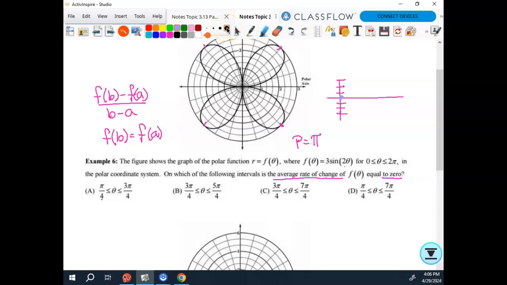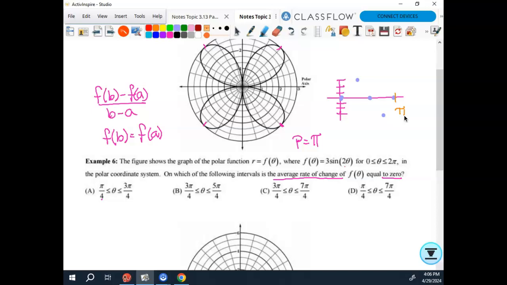Let's see. Okay, so I'm going to start here. I'm going to end here because I know what sine looks like. And then this is not negative, so I'm going to go up 3, and I go down 3. And then my period is pi, right? And so let's see what happens here.